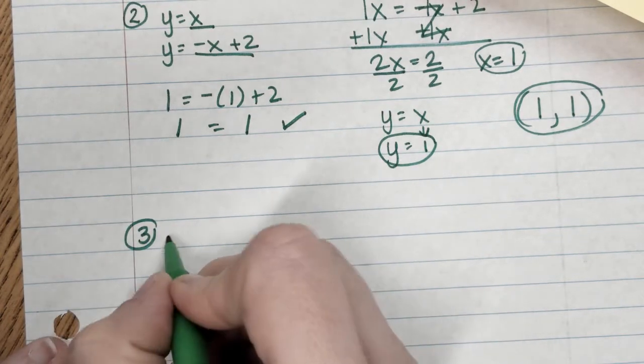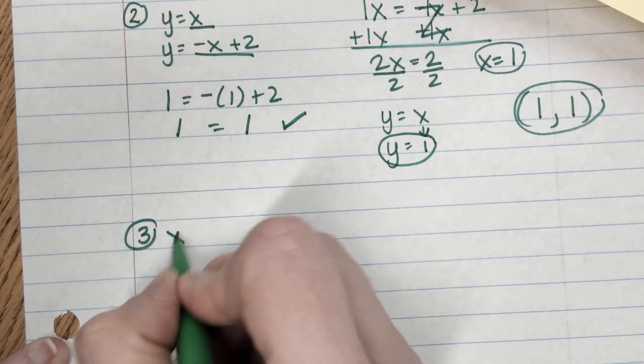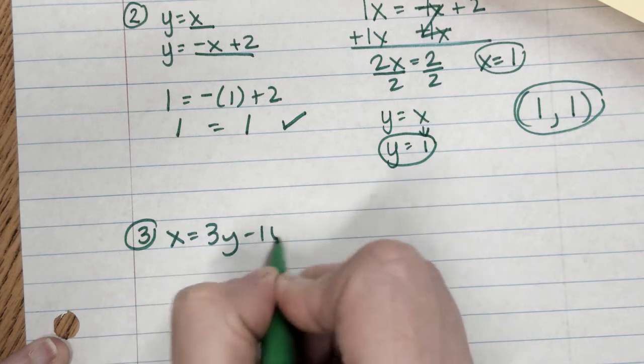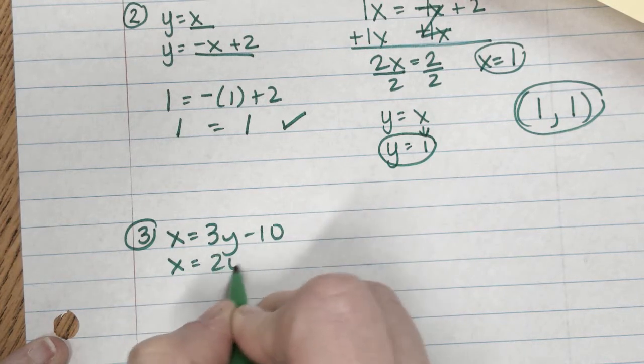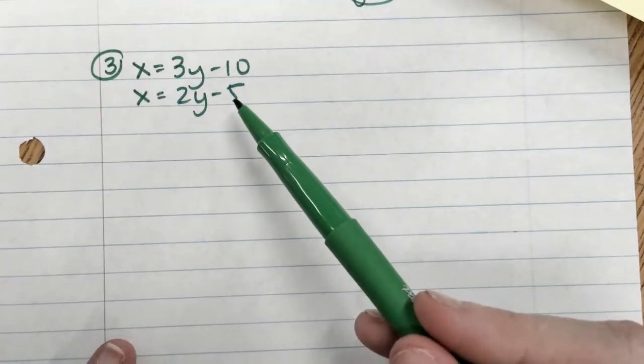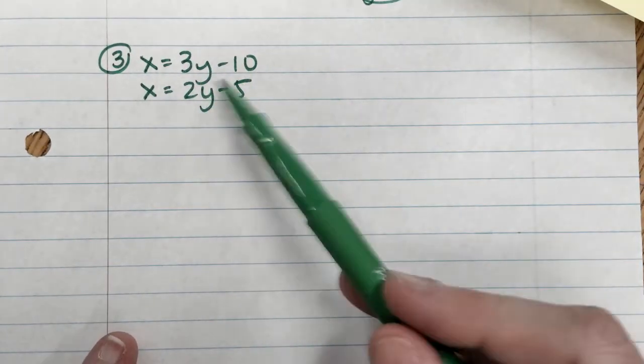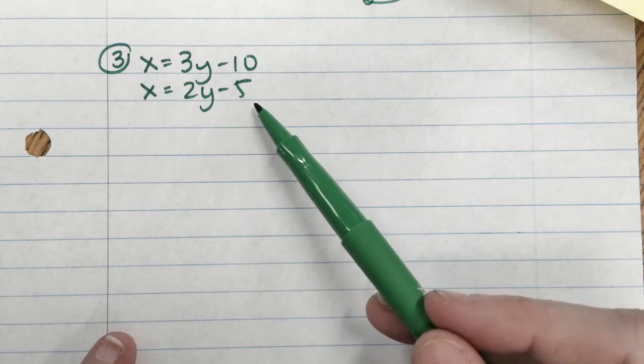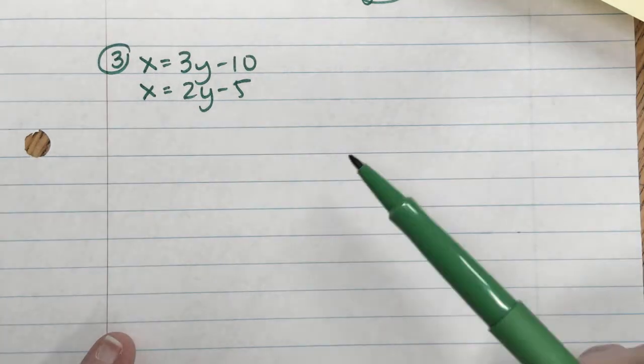Number 3 is interesting. This one is x equals 3y minus 10, x equals 2y minus 5. Now this one you couldn't do in your calculator because you notice it's not in y equals mx plus b format. But I can use kind of the same procedure to solve it.